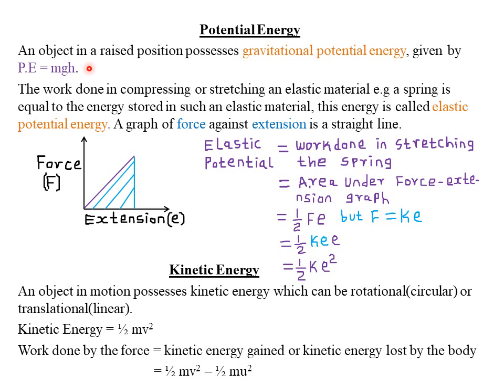Another very good example whereby gravitational potential energy is applied in real life is in dams. You find water resting in a dam. Dams are always constructed in such a way that they are at some raised position from the ground level.